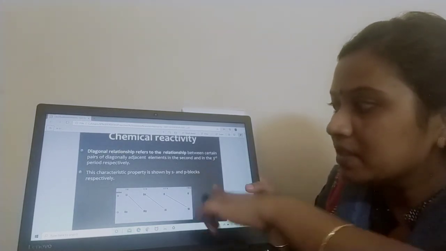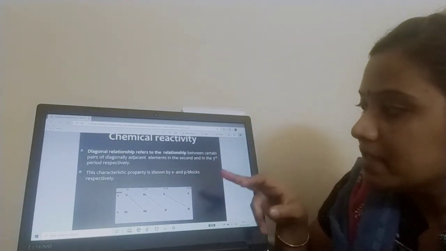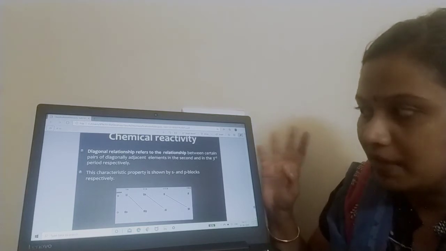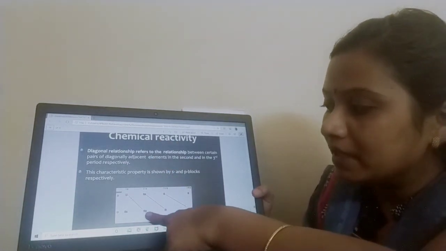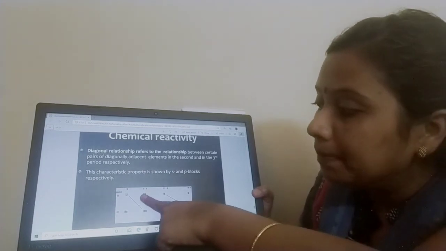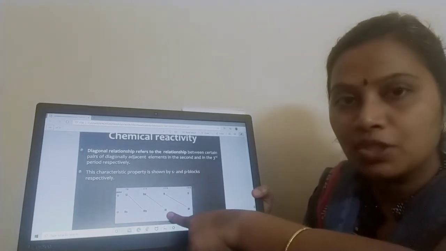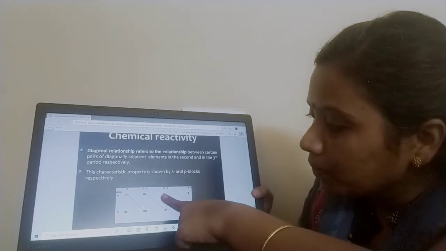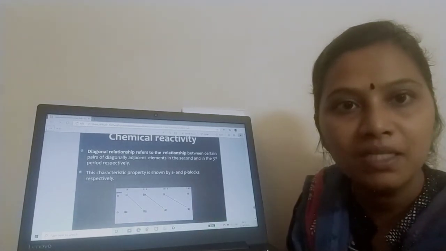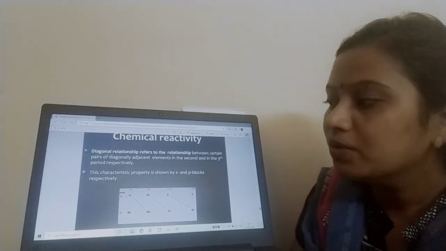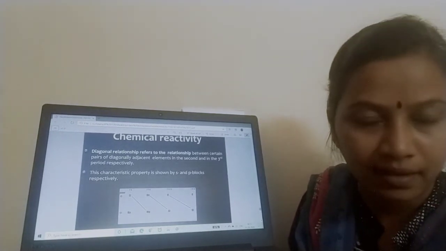This characteristic property is shown by s and p block elements respectively. For example, lithium shows diagonal relationship with magnesium, beryllium shows diagonal relationship with aluminium, and boron shows diagonal relationship with silicon. Their properties are diagonally similar, so this relationship is called diagonal relationship.